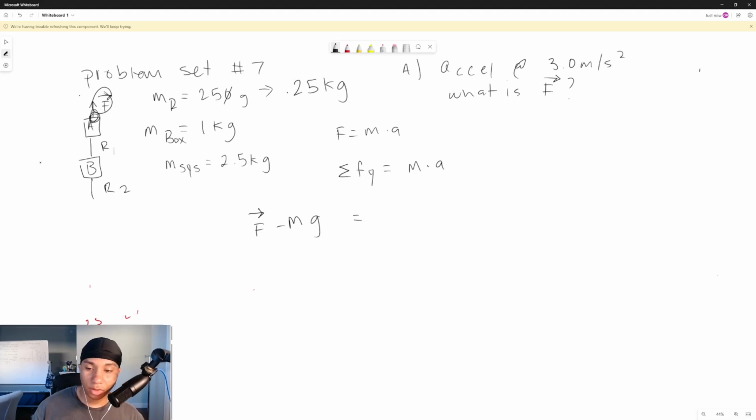All of this is equal to mass times acceleration. In order to solve for F, we need to move mg to the other side, and we get simply ma plus mg is equal to F.